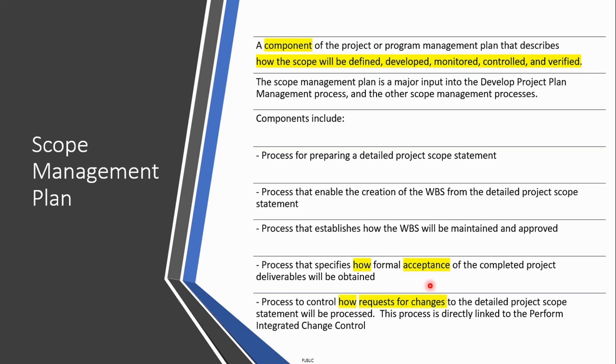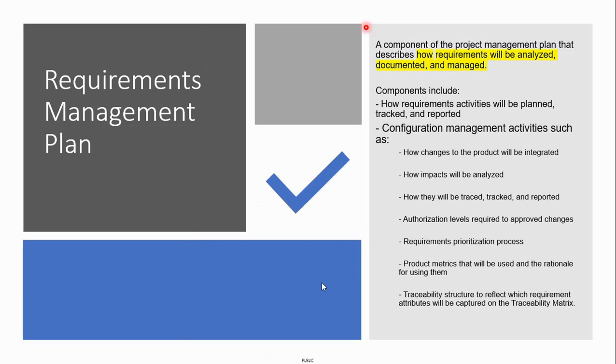So the scope management plan will be a governance plan that you as a project manager will use as your reference point to manage the scope of your project.